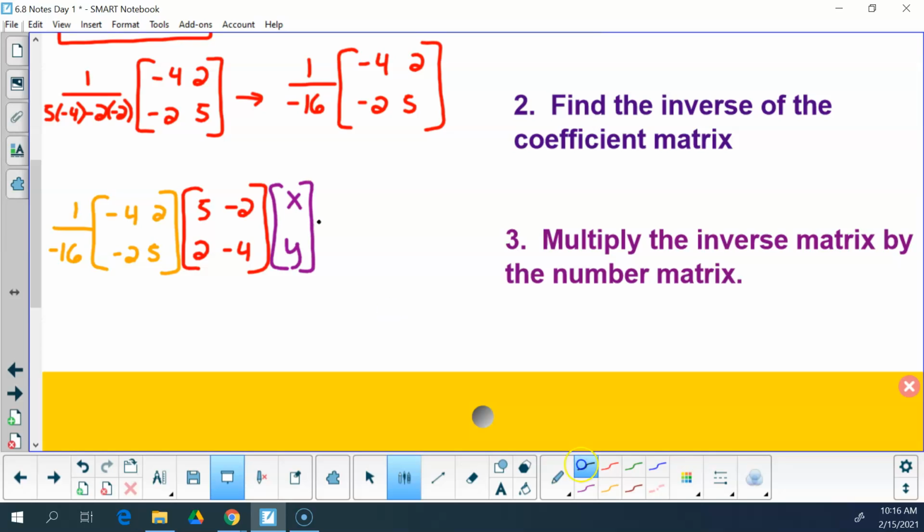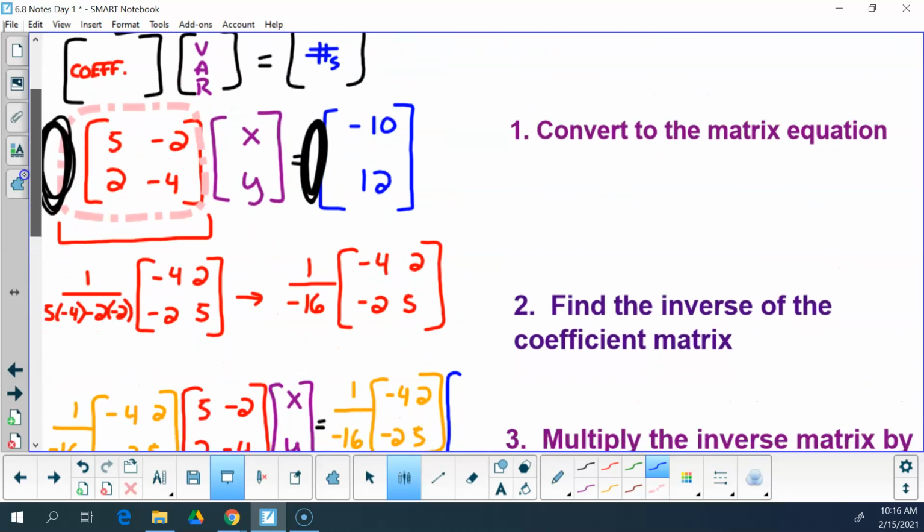And that's going to equal my inverse times my numbers matrix. And what was it? Negative 10 and 12?